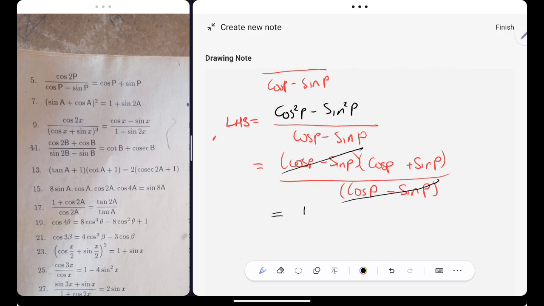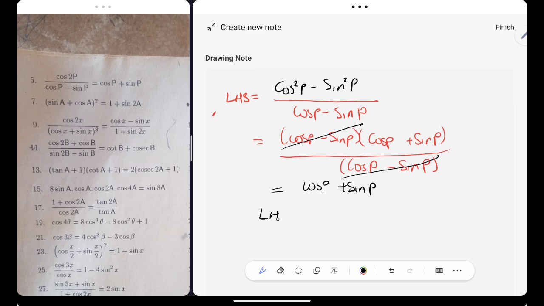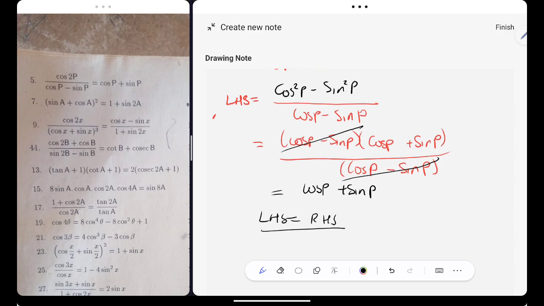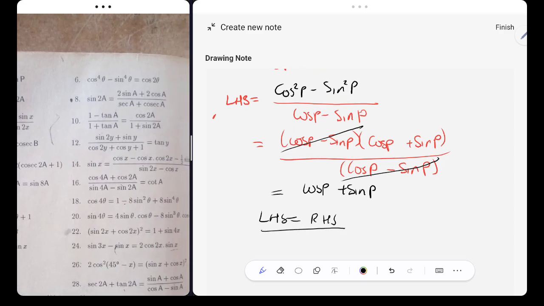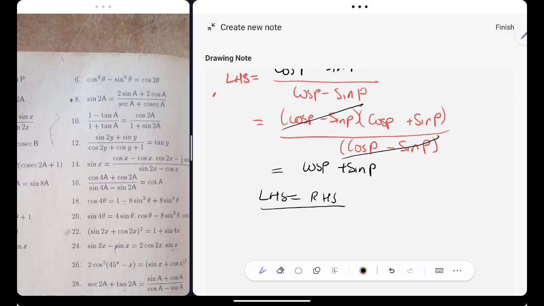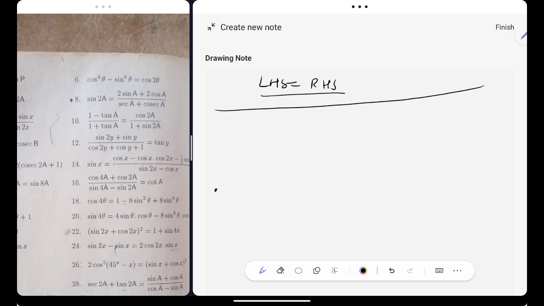I will be left with cos p plus sin p. Then the left hand side is equal to the right hand side. Are we together?